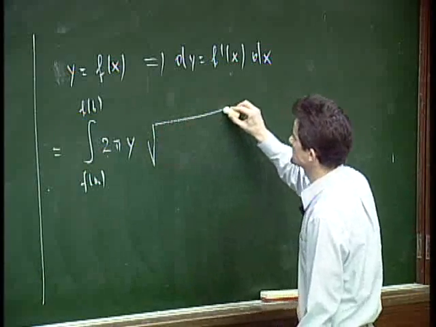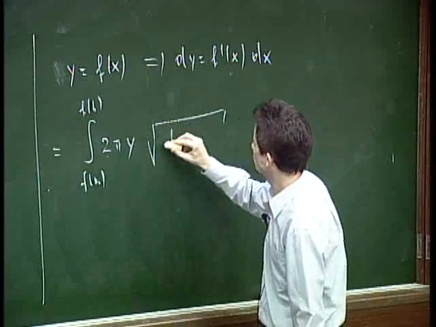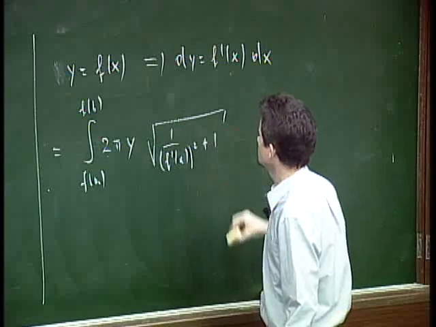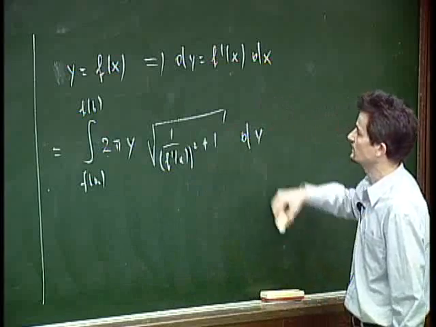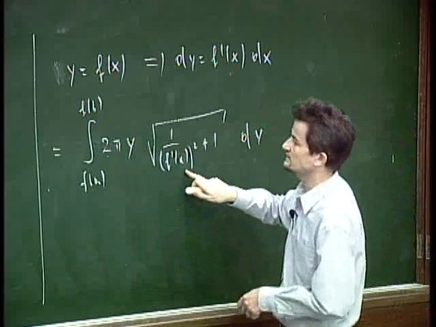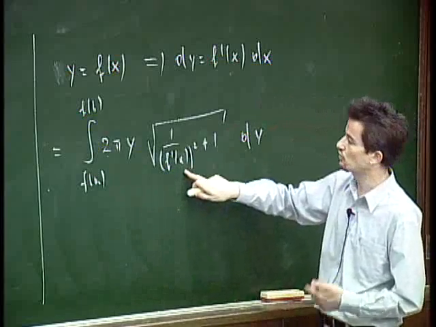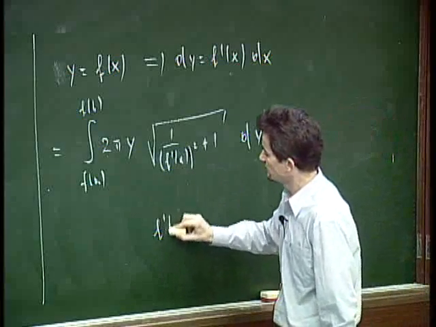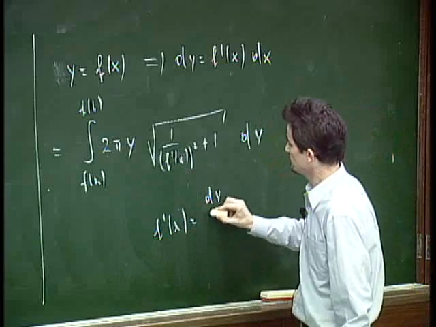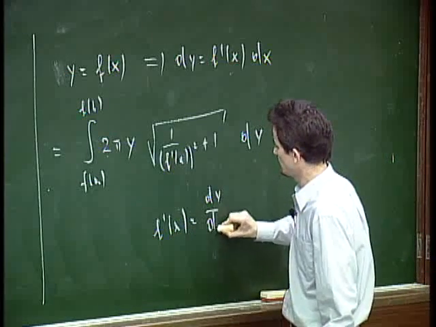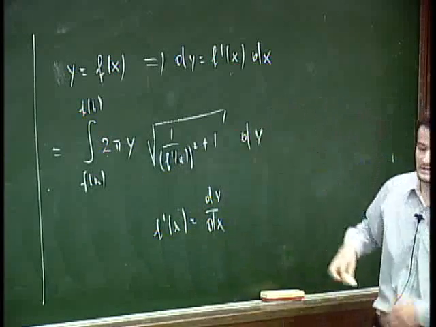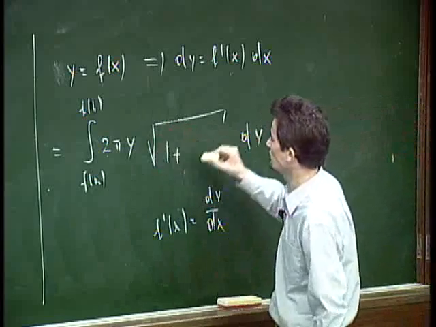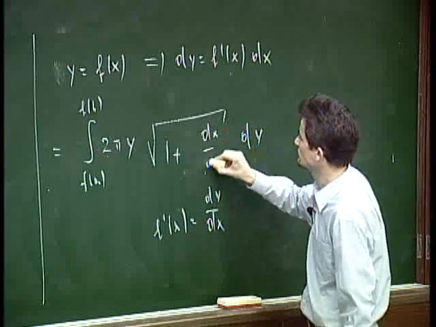So what you get is 1 over the derivative of f of x squared plus 1, and then you have here dy. But you have to write this in terms of y, not in terms of x. But the derivative is equal to dy over dx. So you just reverse it. Okay, so this becomes dx over dy.